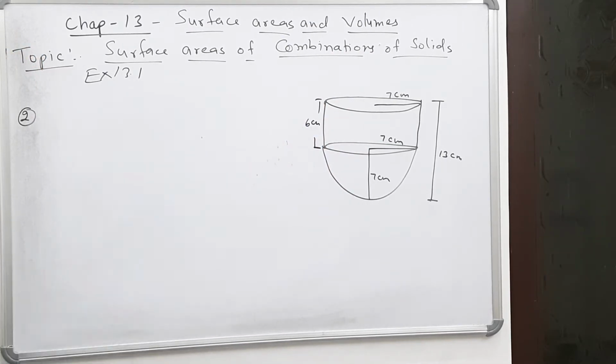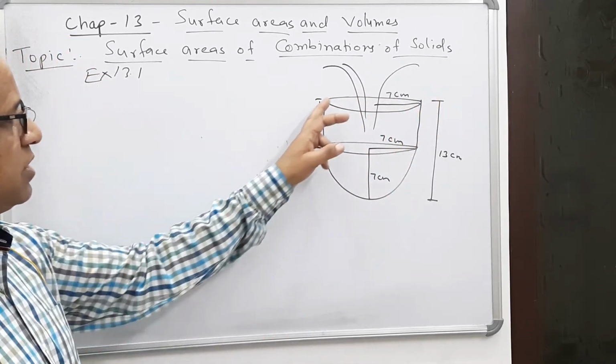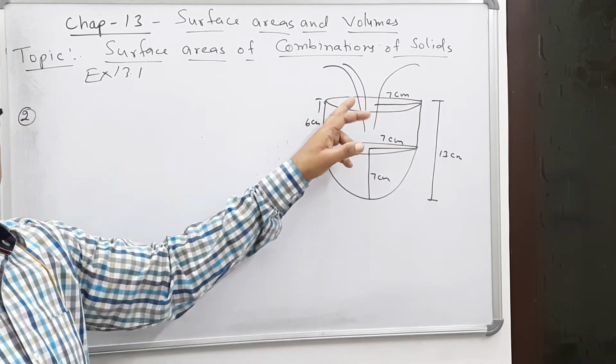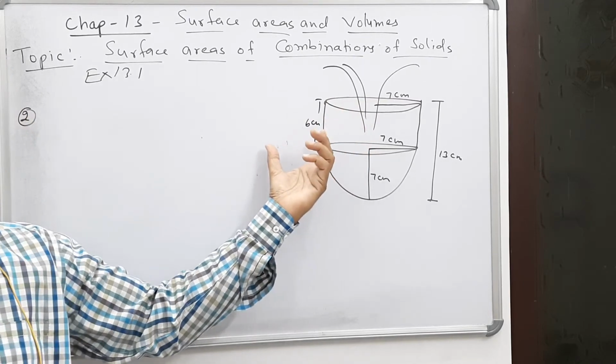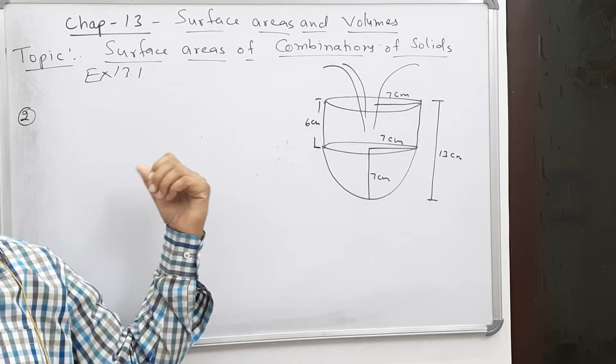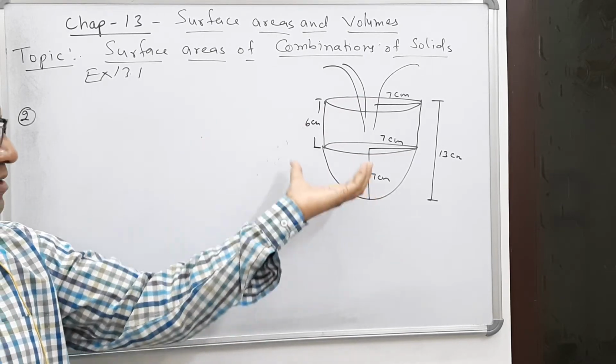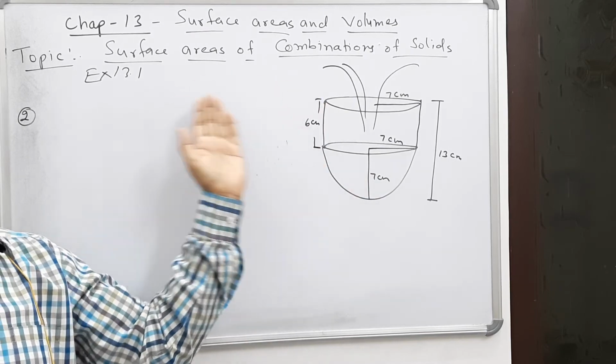Now this is a vessel. Vessel means we can fill something in this one, so this part is open here. Suppose it is a frying pan having a cylinder at the top, then on which part will you find the surface? That is this part and the sideways.